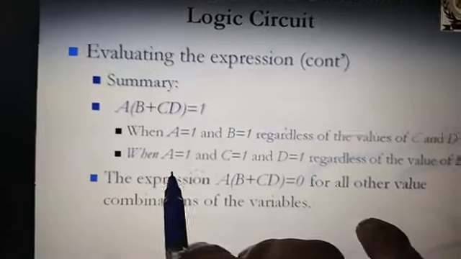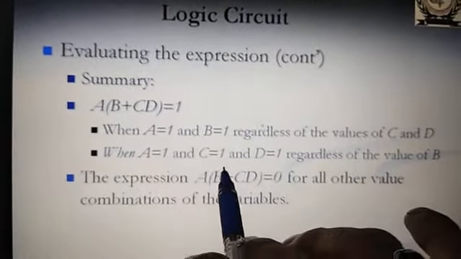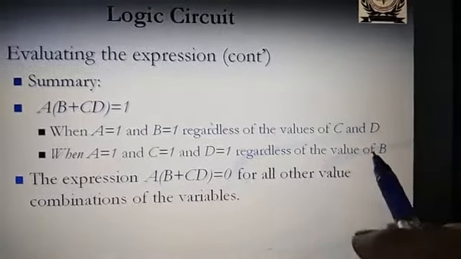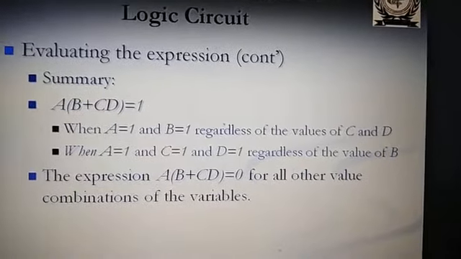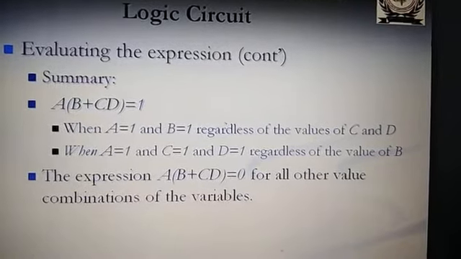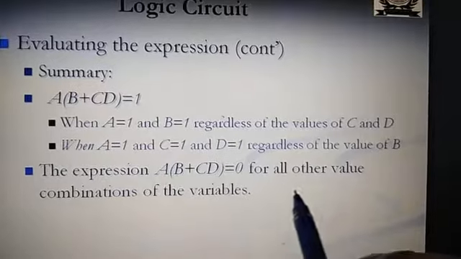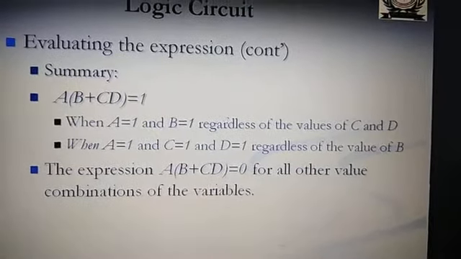Then when A is equal to 1 and C is equal to 1 and D is equal to 1, regardless of the value of B. The expression A into B plus CD is equal to 0 for all other combinations of the variables.